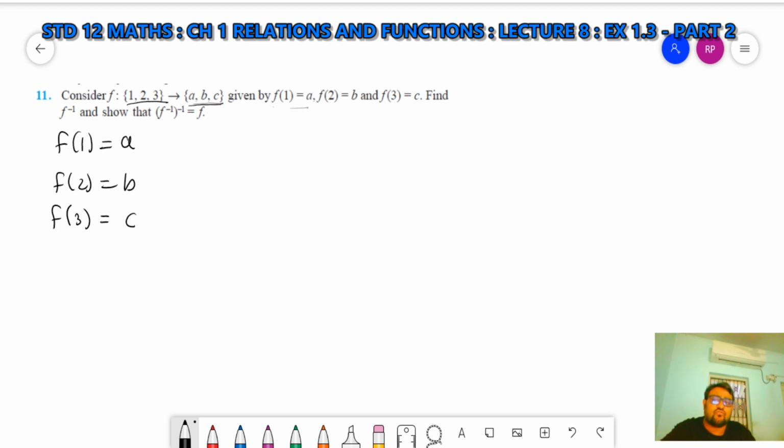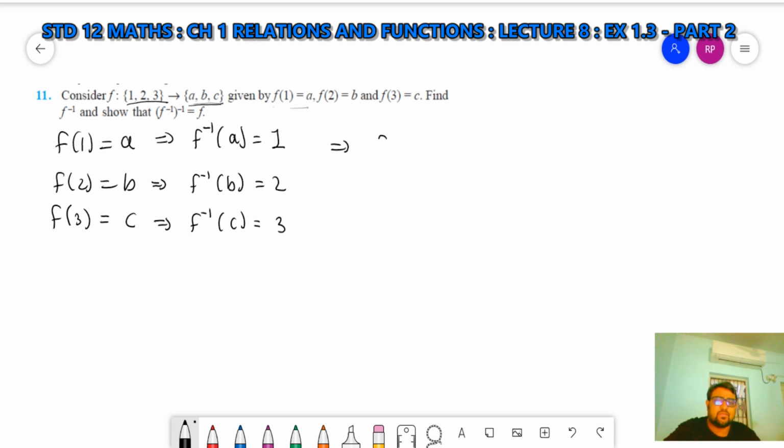So now f of 1 is equal to A, that implies f inverse of A will be equal to 1. f of 2 equal to B implies f inverse of B will be equal to 2. f of 3 equal to C implies f inverse of C equal to 3. So what does this imply? f inverse is from A, B and C to 1, 2, 3, the range that I got.